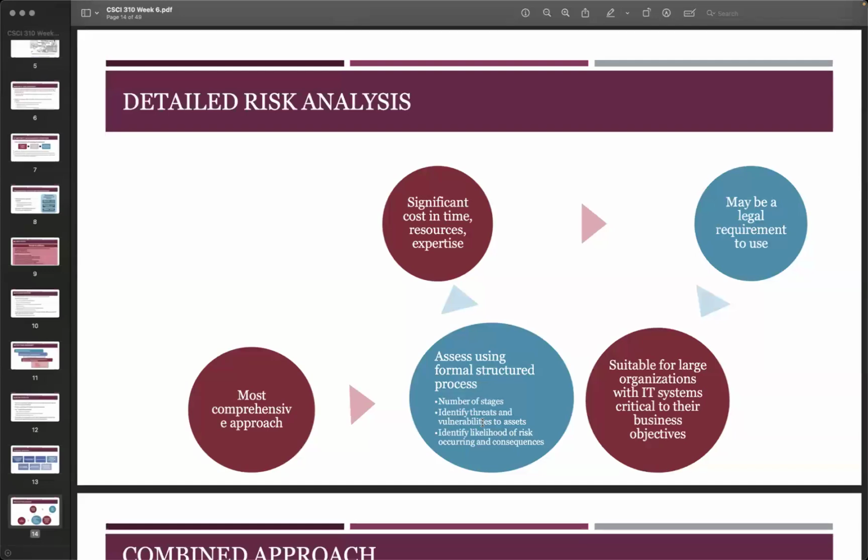This one is more for large organizations. Because we have different organization sizes, based on those sizes we apply different types. So the baseline is the easiest and cheapest way, then we have the informal, and then it becomes more detailed.